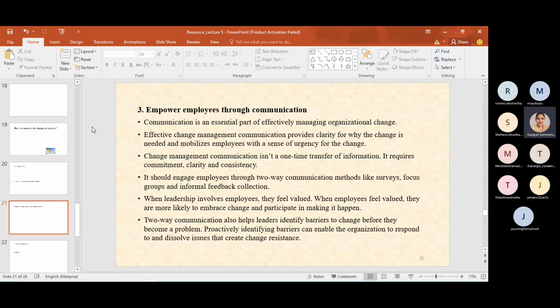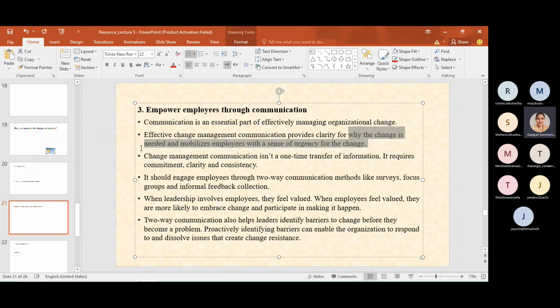As I explained just now, when you are communicating to your employees, you have to tell them why this change is needed, why the company decided to implement it.